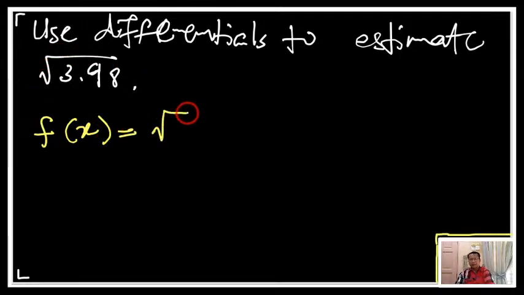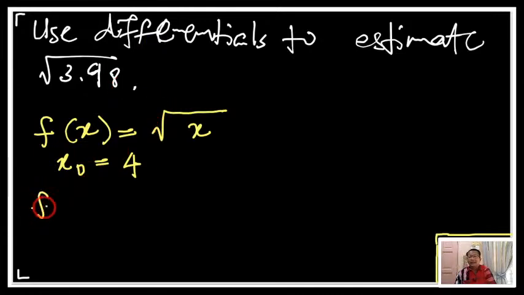You copy the radical symbol, square root, and instead of the number inside the radical, you change it to x. That's it. Then you need to have your x0. x0 should be near to this number, and if you take the square root, you should get a whole number. So the nearest one is 4. You don't use 16, because the square root of 16 is 4. This one, 3.98, is near to 4. The square root of 4 is 2, so the answer should be 2 point something or 1 point something.